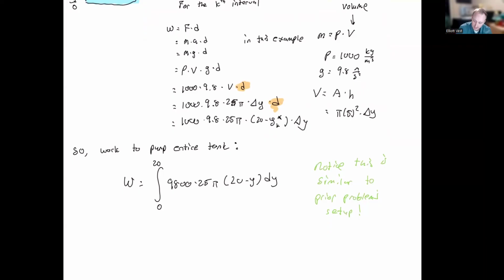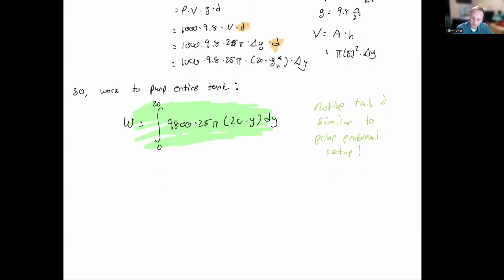But getting to this point was the barrier, right? We should be at the stage where integrating something like this is relatively easy for us, because we're just taking antiderivatives from last course, Calc 1. But this setup, even if it had the same vibe as the prior problem, was not easy to deduce and follow a direction for.